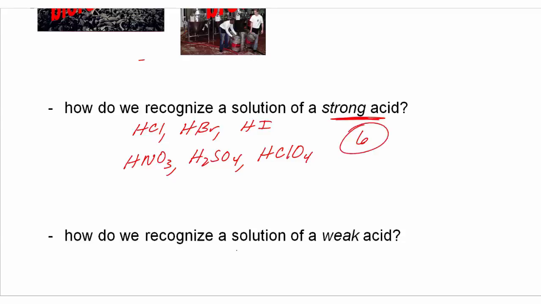How do we recognize a solution of a weak acid? It's just not one of the 6. That's how we're going to do it. So know those names and formulas of the strong acids, and then it'll be really easy to recognize a weak acid.